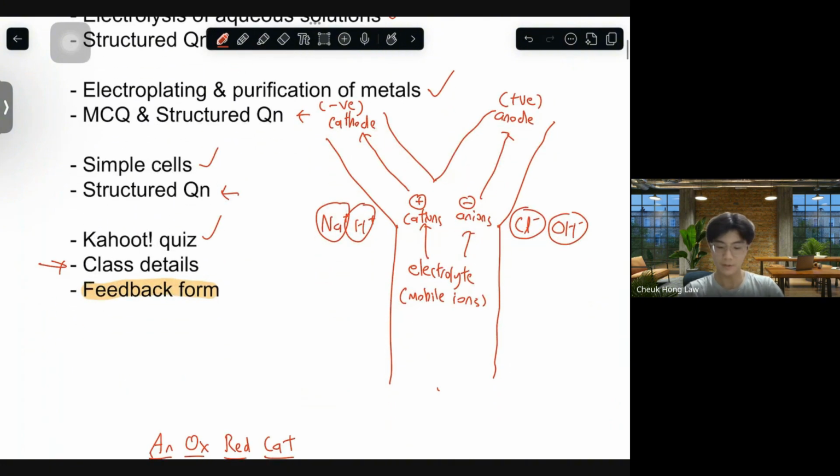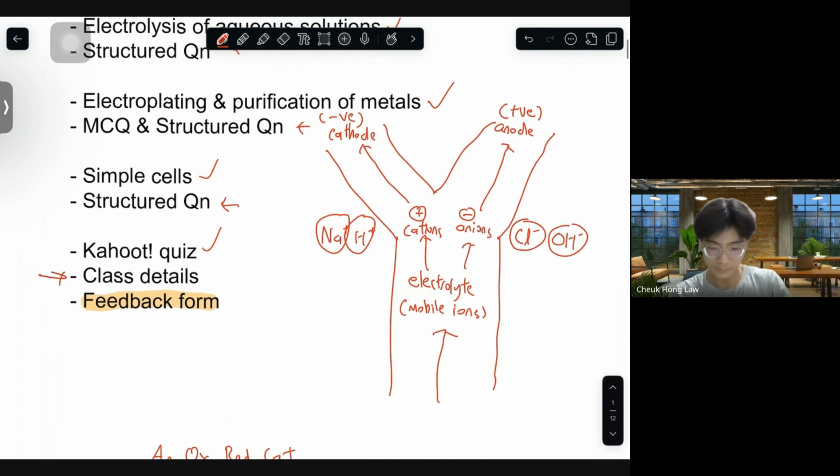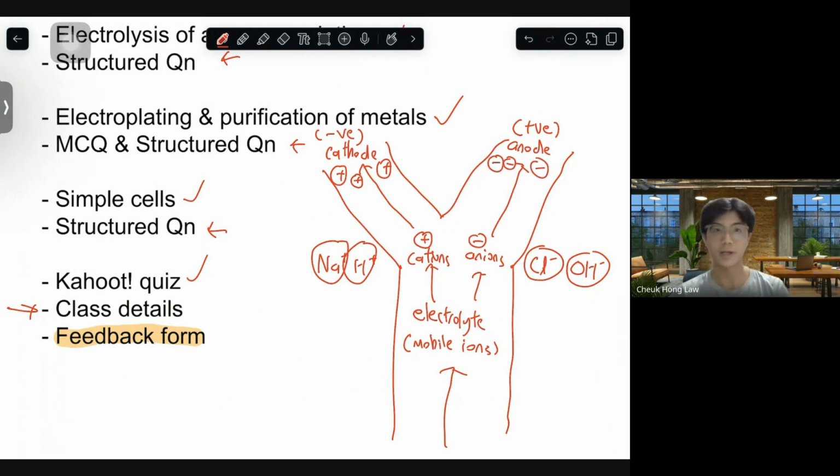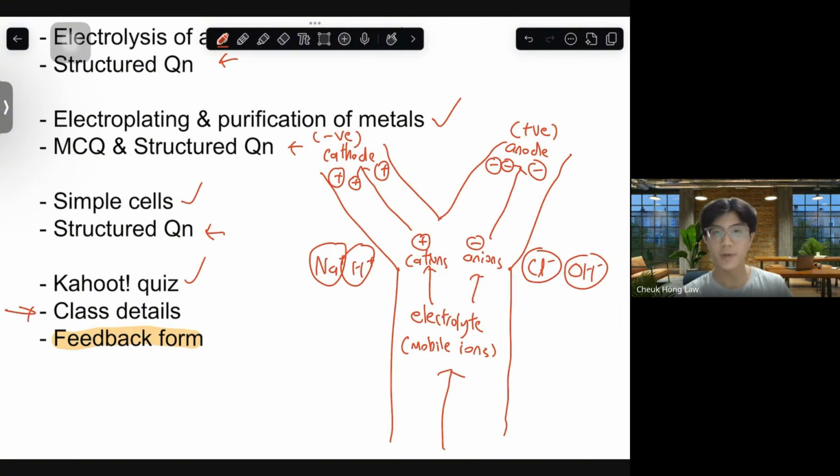So we started off with the electrolyte. You can think of it as branching into two different paths. Now your cations are here, and I'll just draw some plus signs to show that they are cations and some minus signs to show that they are anions. Then at the electrodes, reactions will take place.